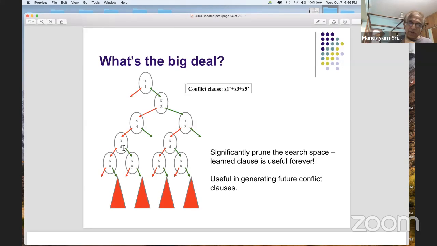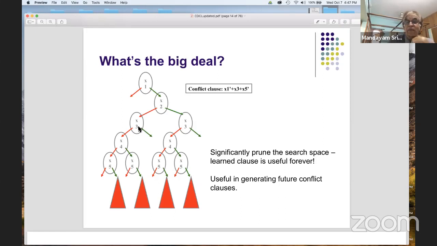All these decisions are explicit decisions, and you get a conflict. Now, that conflict might be because of the wrong decision that you made on x3.